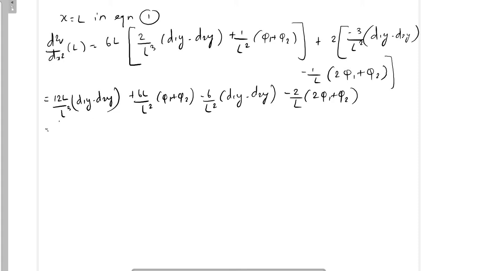So I am taking 1 by L cube as common. If you take 1 by L cube common for all the terms, you can easily remember the stiffness matrix. That's why we are taking a common term outside.